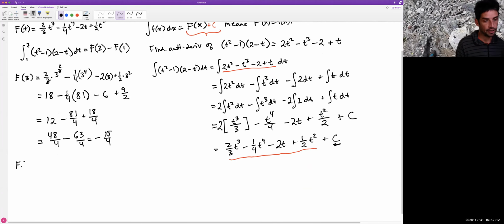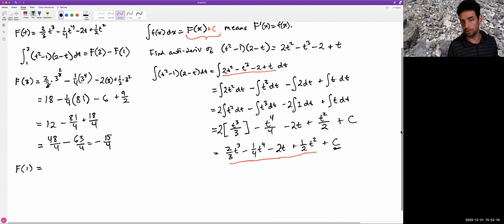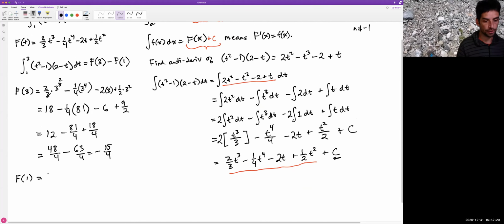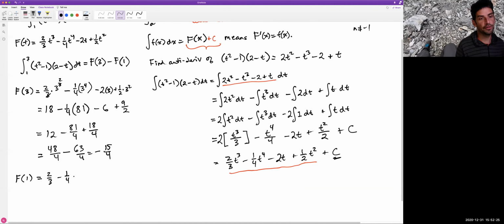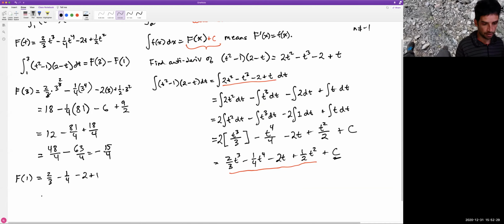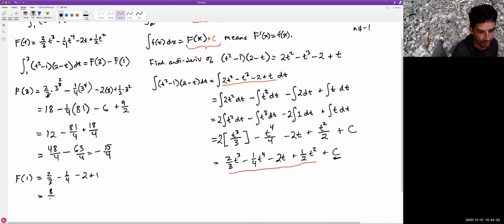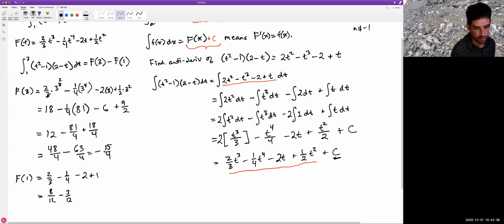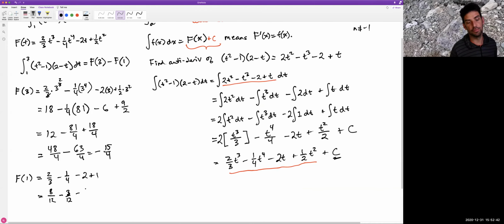Then we've got to compute F of 1. This should be a bit easier. Sorry, I pushed F off the screen. So all those t's are just going to be a 1. So we're going to have 2/3 minus 1/4 minus 2 plus 1. So I guess we can use 12ths. So I've got 8/12 minus 3/12. And then minus, I've got minus 2 plus 1 is minus 1.